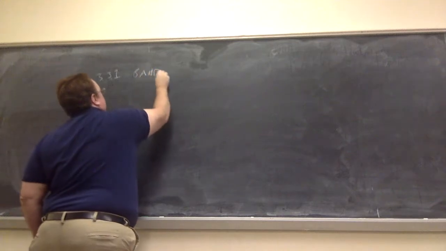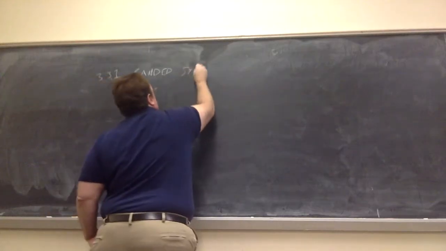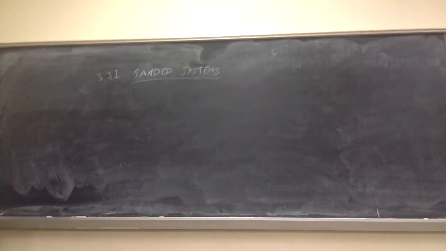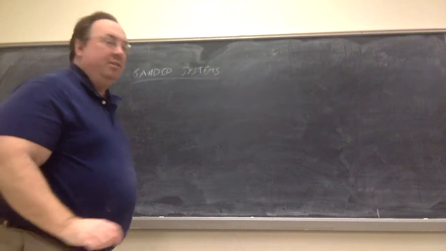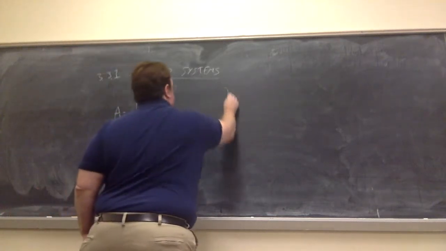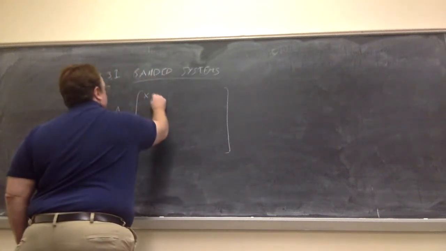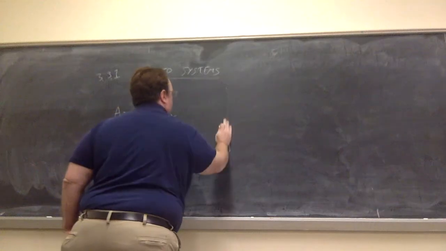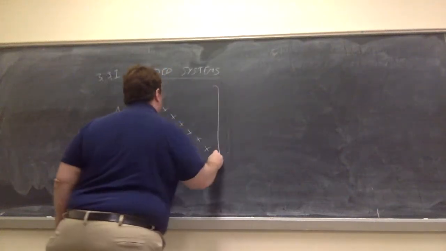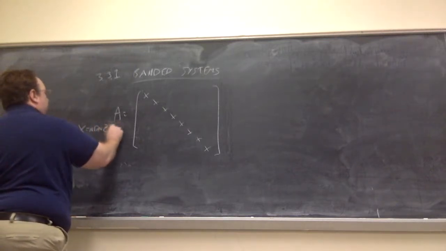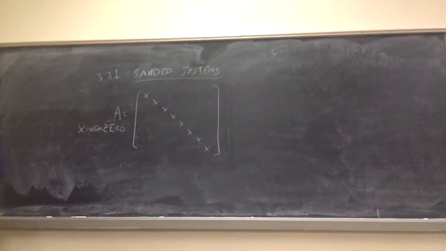So the subject was section 3.3.1 in the textbook on banded systems of equations. I'm going to illustrate with an example of a matrix A that is a banded matrix. That example was an 8 by 8 matrix, and I'm going to use X's to refer to non-zero entries, so I'm not going to write out an explicit 0 for each zero entry.